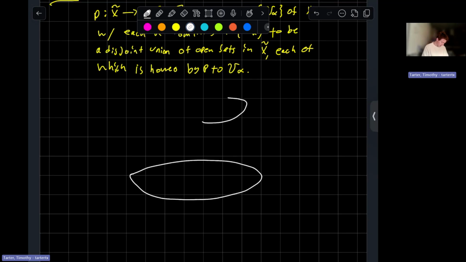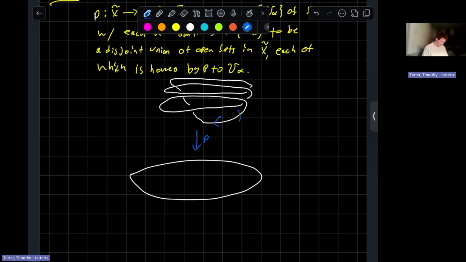And then we have this getting mapped down by P, where we can take any cut of this and map it down like that.